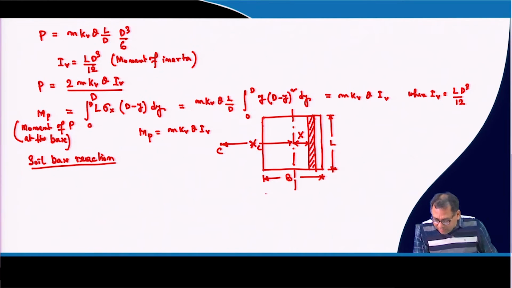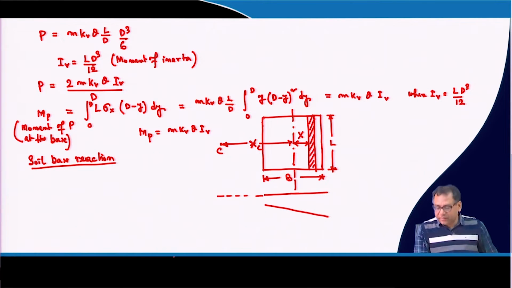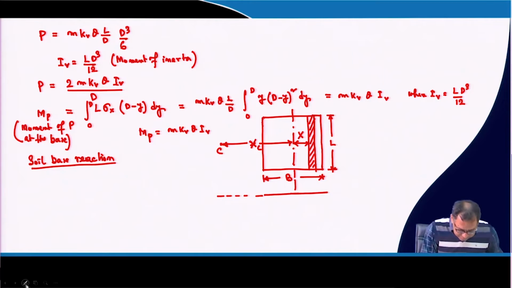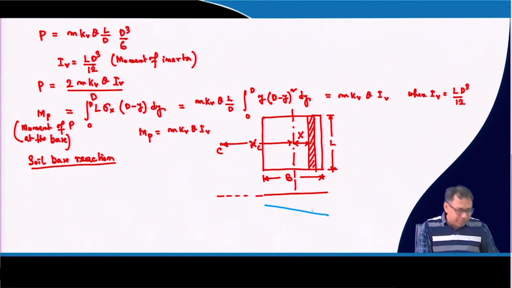So, the amount of rotation of the well base will be: this is your initial position. Now, after the rotation, this is the rotated position of the base.